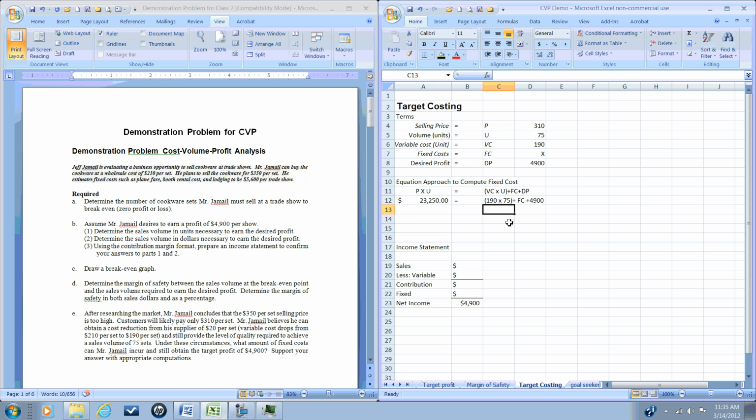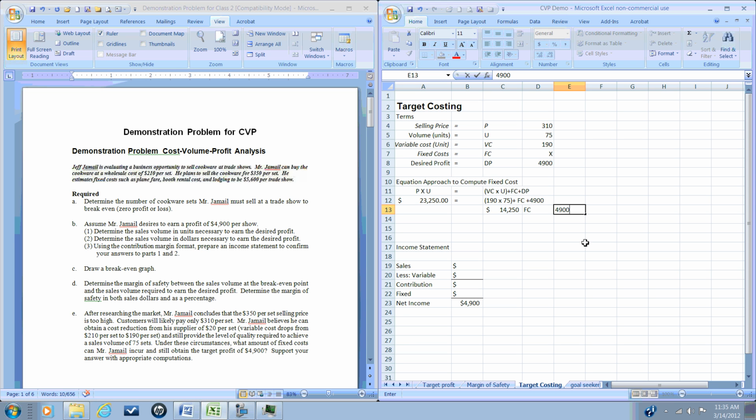First, we need to determine what the variable costs were. 190 times 75 equals 14,250. Our fixed costs are unknown, and our desired profit is 4,900.